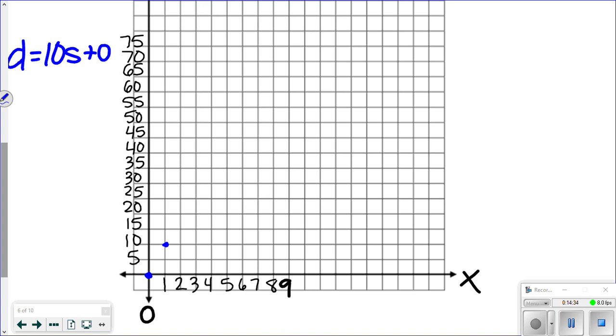So up 5, 10 over 1. Up 5, 10 over 1. And then you can use a straight edge again to connect these. And I have an arrow at the end of my graph because it keeps going.